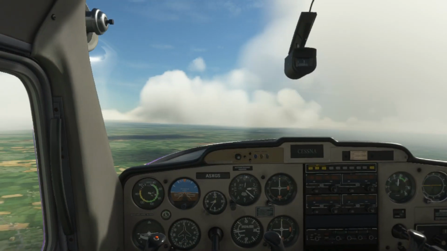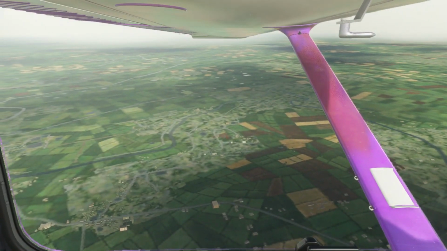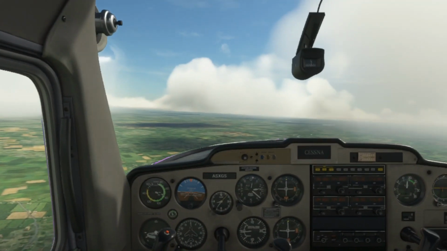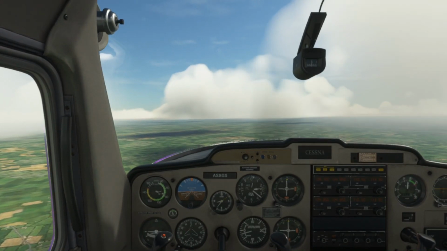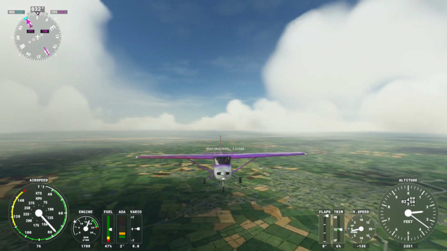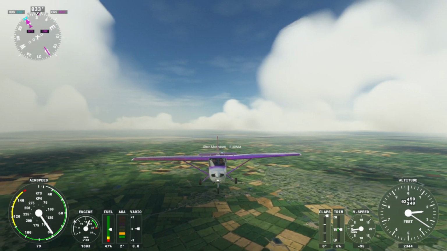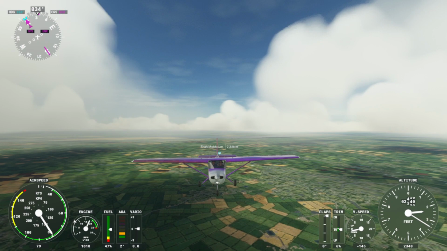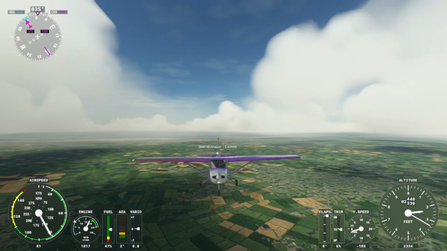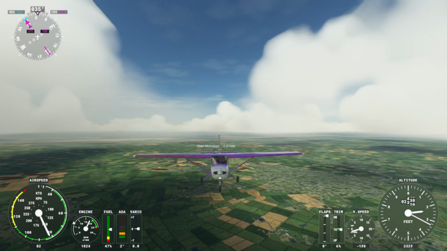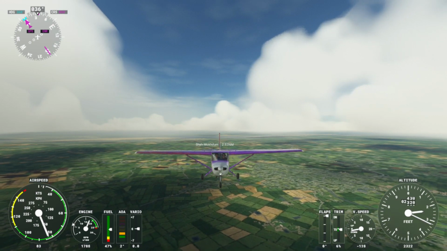It's cloudy, but it's still good enough. The clouds are scattered towards the sky. There's our airport, 2.28 nautical miles behind us, which we will pass soon enough. We will start to descend for a landing in a bit.